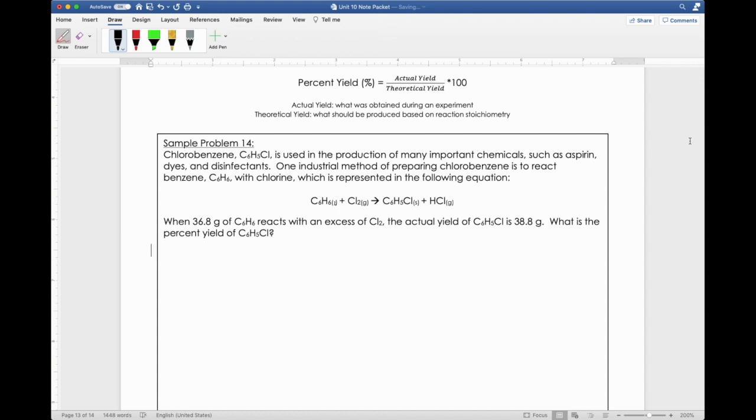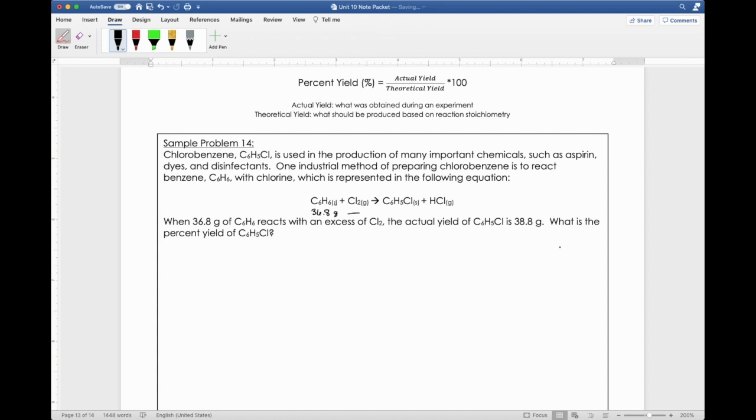And just by giving that a glance over, that equation is balanced. So we can move on. When 36.8 grams of benzene reacts with an excess of chlorine, the actual yield of chlorobenzene is 38.8 grams. What is the percent yield of chlorobenzene?